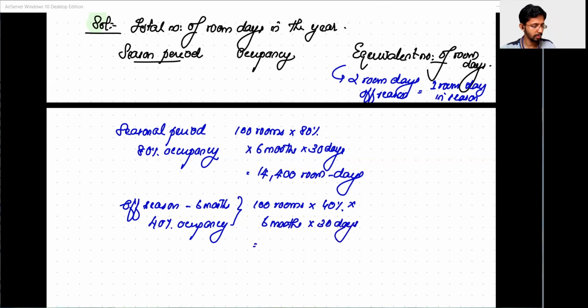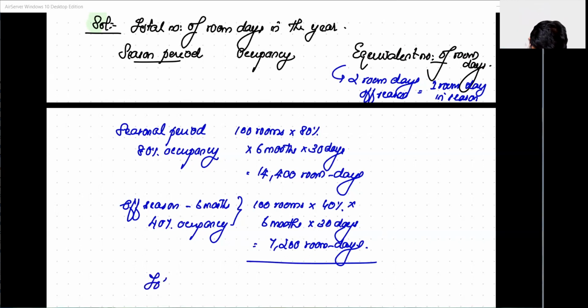So that is equal to 40 into 6 into 30. That is 7,200 room days. Okay, so total will be 14,400 plus 7,200.